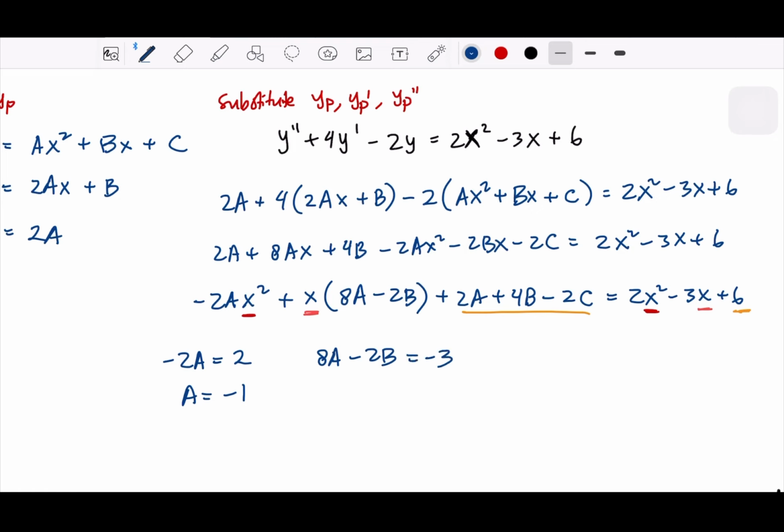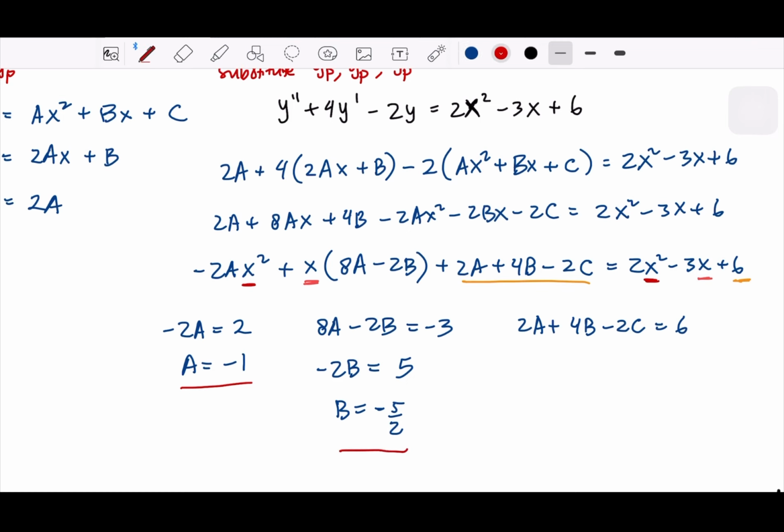And then the rest is 2a plus 4b minus 2c equals 6, okay? And then we can solve because we have a equal to negative 1. So this will be negative 2b. This will be negative 8, move to the right side, becomes 5, right? So b is negative 5 over 2. And because we have a and b, let me give notes here.